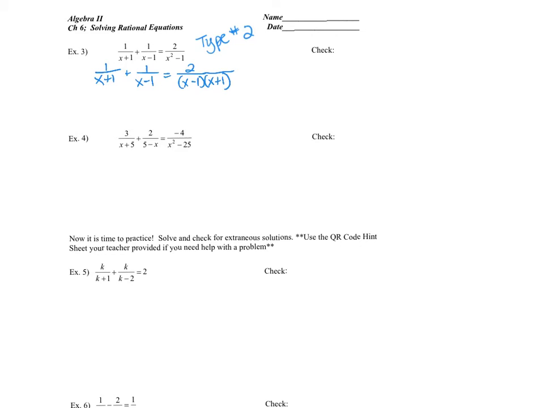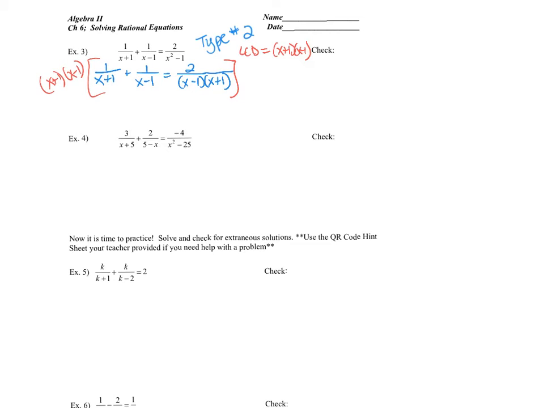And now I can determine that my LCD is equal to x plus 1 times x minus 1. So again, I'm going to think about multiplying every single term by x plus 1 times x minus 1.